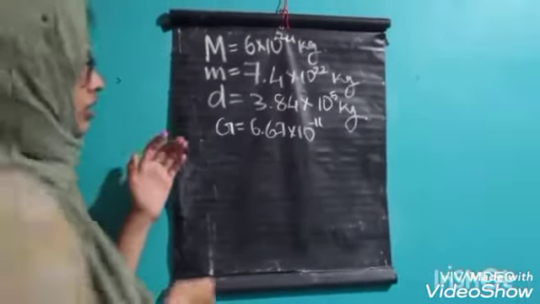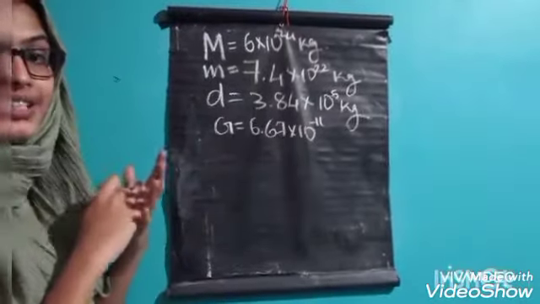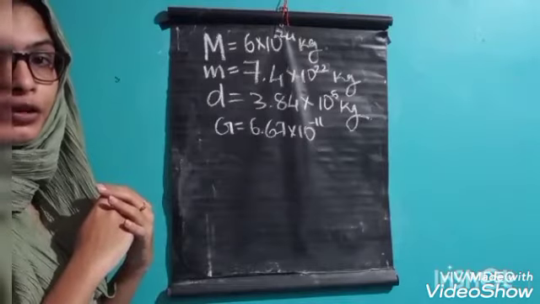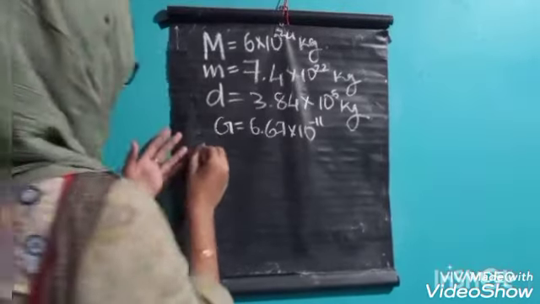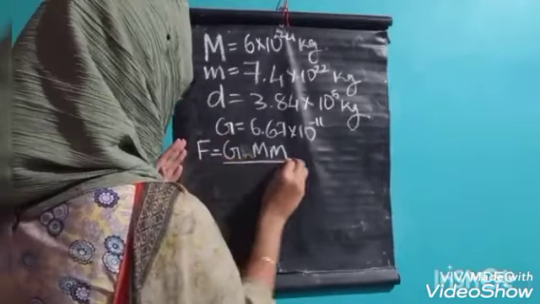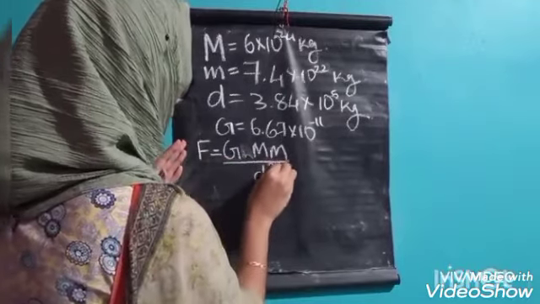So what is the equation for finding the force of attraction? That is F is equal to GMm by D square.